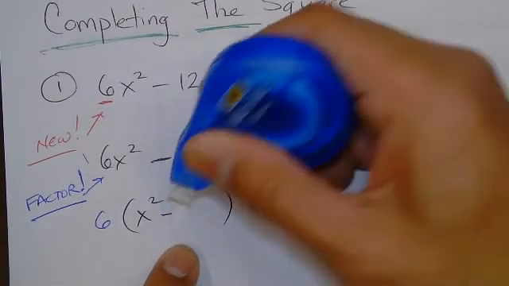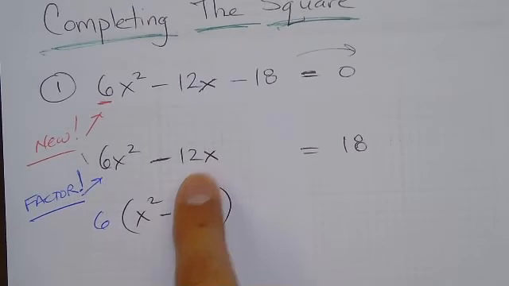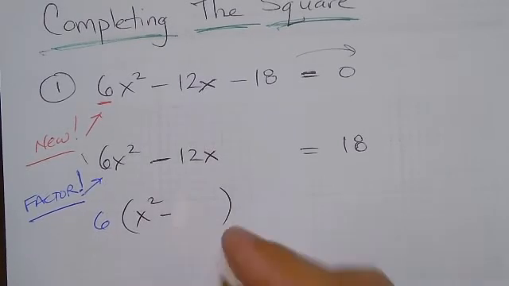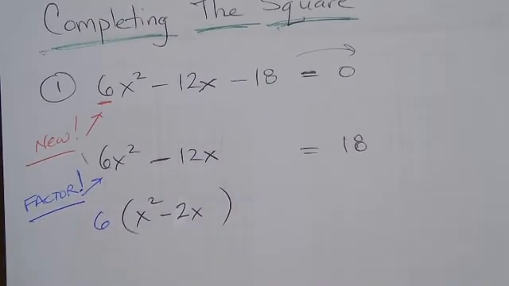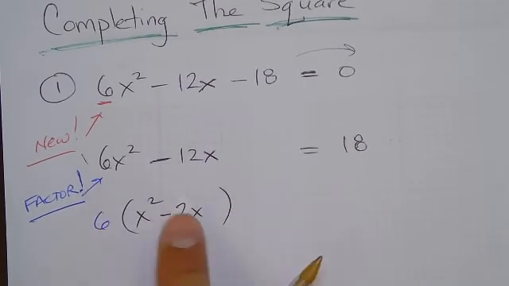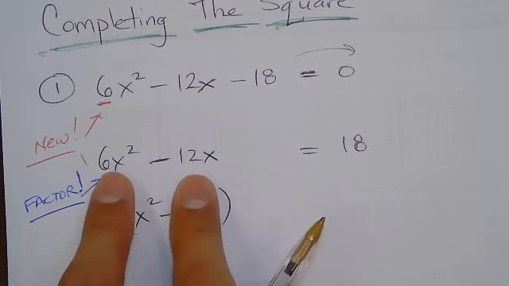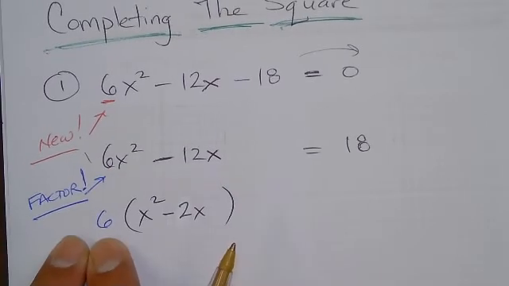If I factored out a 6 here, I've got to factor out a 6 here. So what should be the new number here? 2. You guys agree? Because 6 times x squared is 6x squared, and 6 times negative 2 is the negative 12. It's still 6x squared minus 12x, but I factored out the 6 to the front.